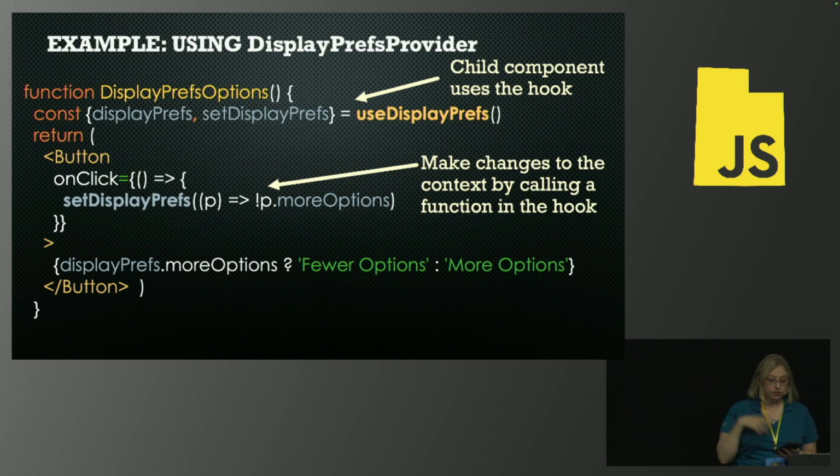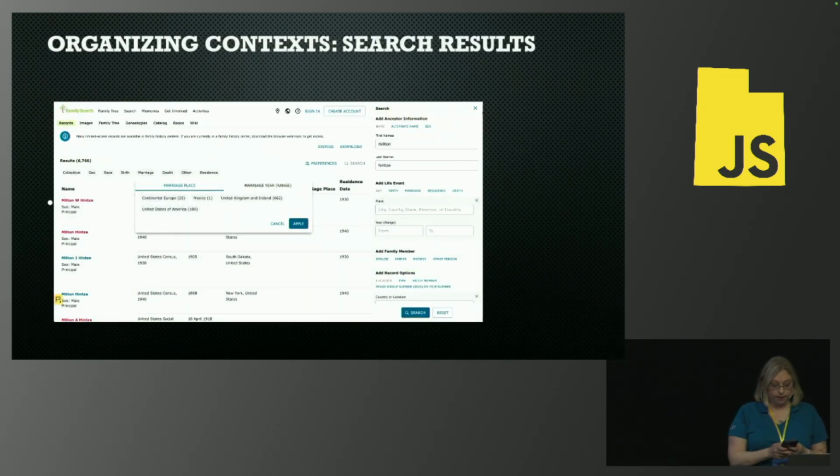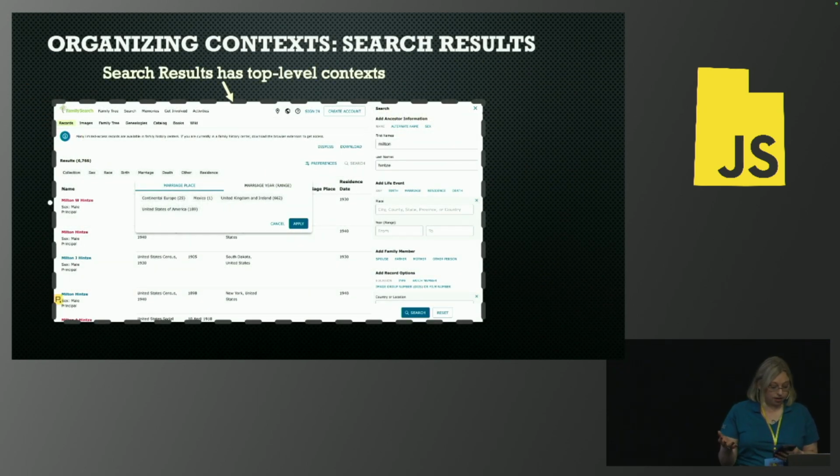Again, we use the same patterns because they're familiar, and that makes it a lot easier to manage your complex state. Familiarity is important when you're doing something. If you do things the same way, it's a lot easier to understand them as time goes on. So, organizing our context: search results.